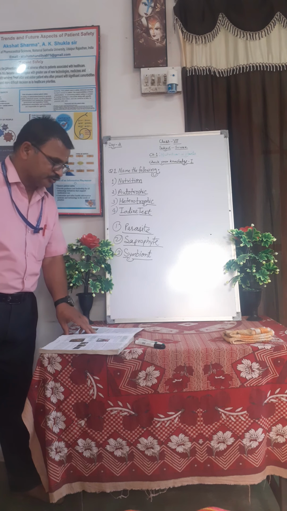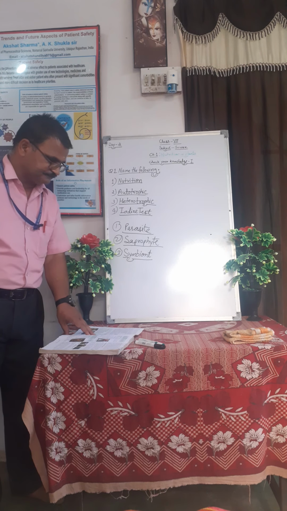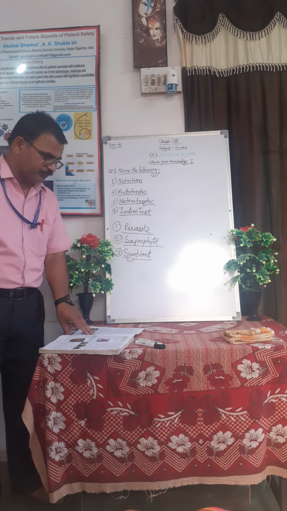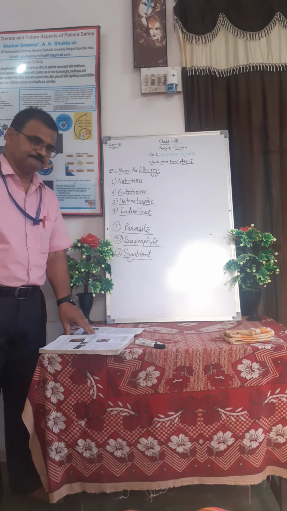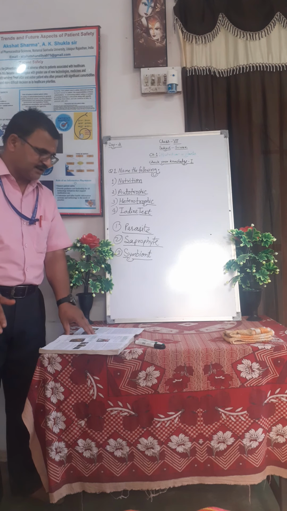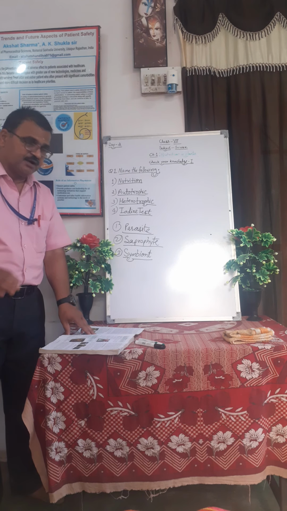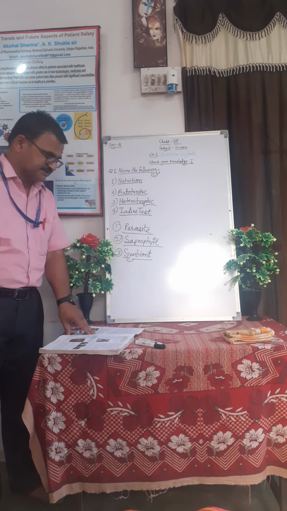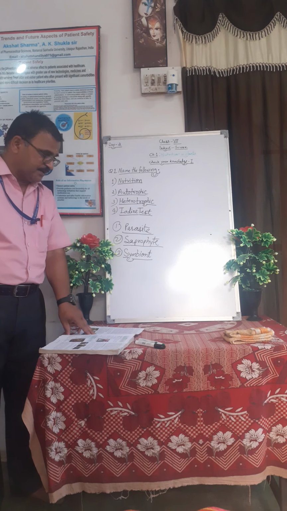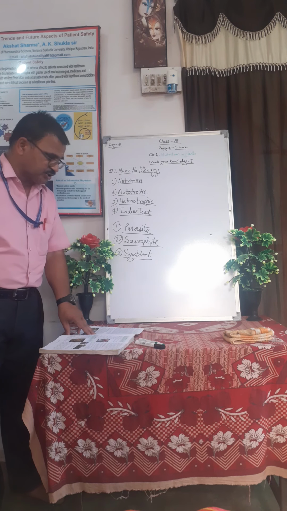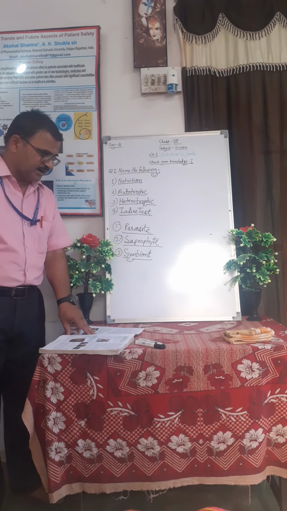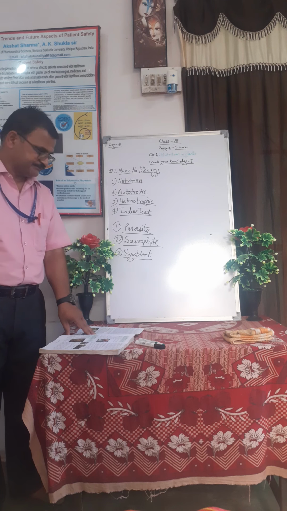Parasitic plants are those organisms which obtain food from other organisms. Once again I repeat: the definition of parasites is that parasites are those organisms which obtain food from other organisms.